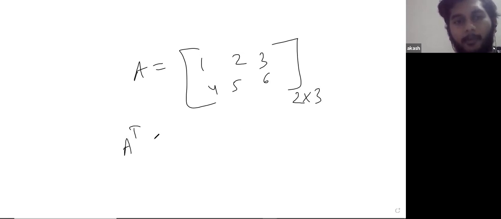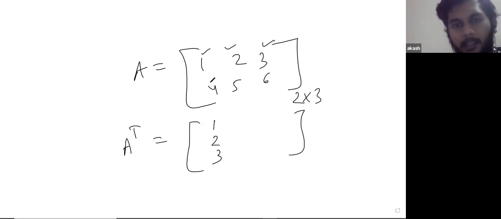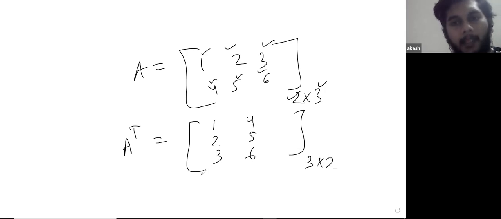So the A transpose would be: take the first row, 1, 2, 3. Take the second row and write it on the column: 4, 5, 6. So the difference here is that it has 2 rows and 3 columns, and we have here 3 rows and 2 columns, right? This is the biggest difference in transpose.